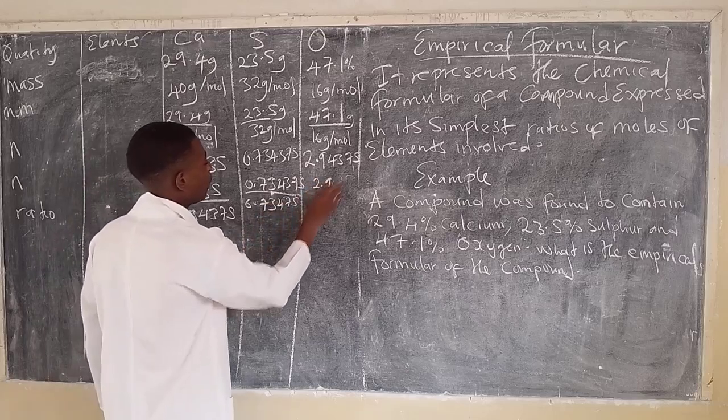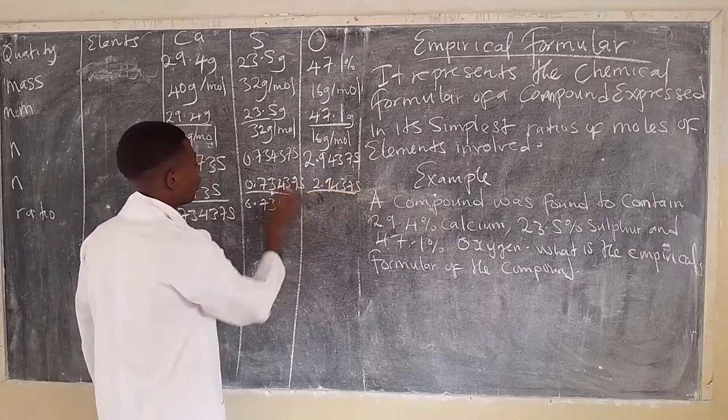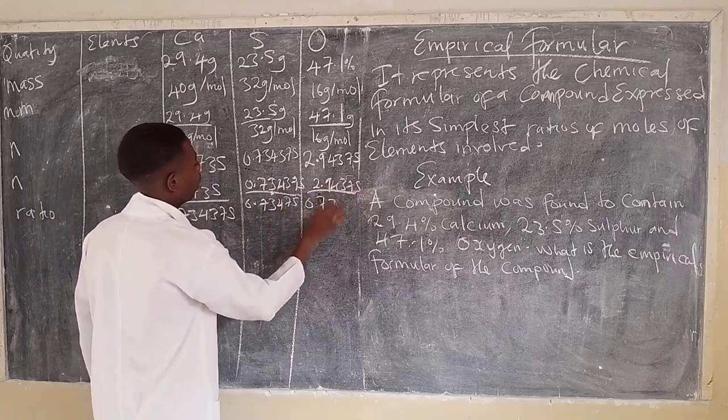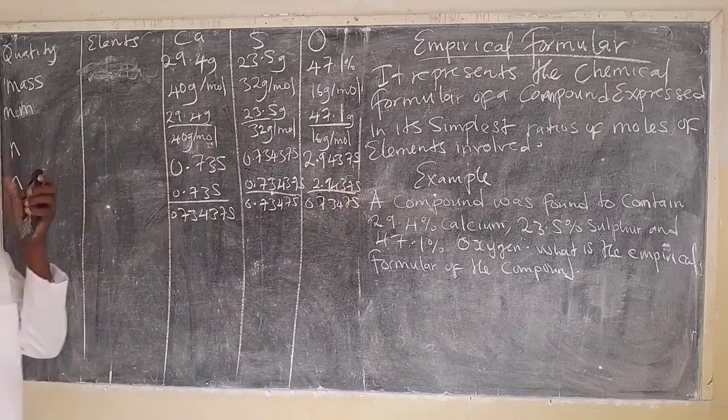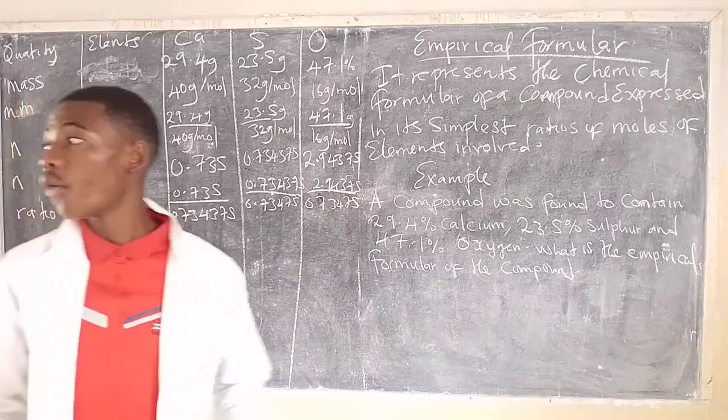Lastly, we have 2.94375, and we divide it by that number. The ratios must be expressed in terms of whole numbers.